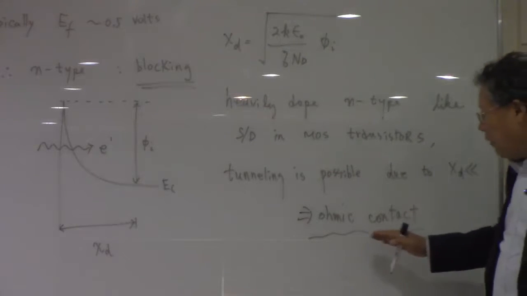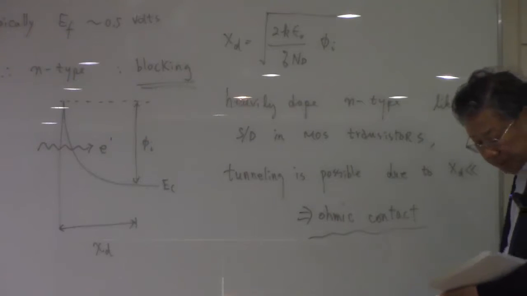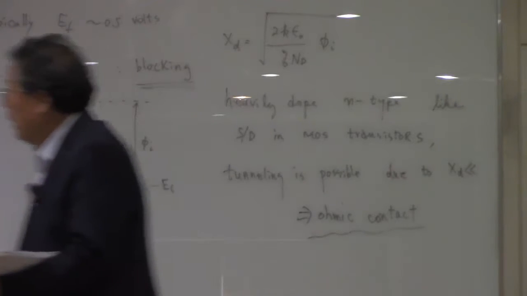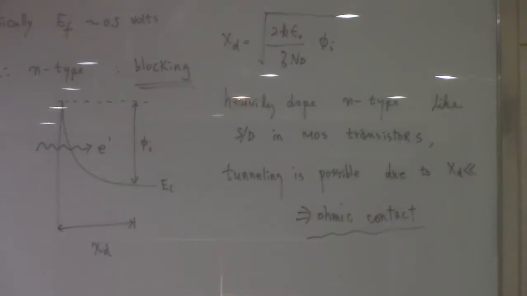So you have to guarantee the ohmic contact all the time in the device. And this is the thing that we are doing in the industries. You heavily dope the N-type region in the CMOS so that tunneling happens and we can get the ohmic contact in the N-type. P-type, there's no problem. P-type always is ohmic contact.